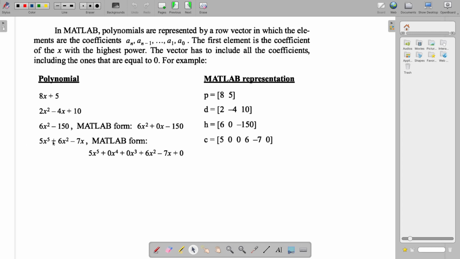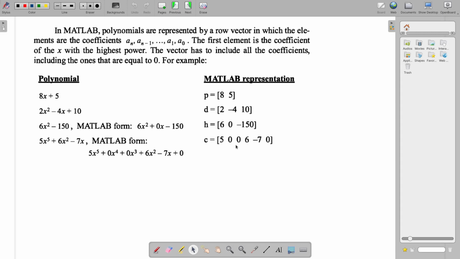Here the terms for x to the 4 and x to the 3 are missing. That means those coefficients are 0, and the constant term is also 0. So the representation in Matlab is 5, 0, 0, 6, negative 7 and 0. You have to include the zero ones also. It's important when you go to evaluate.